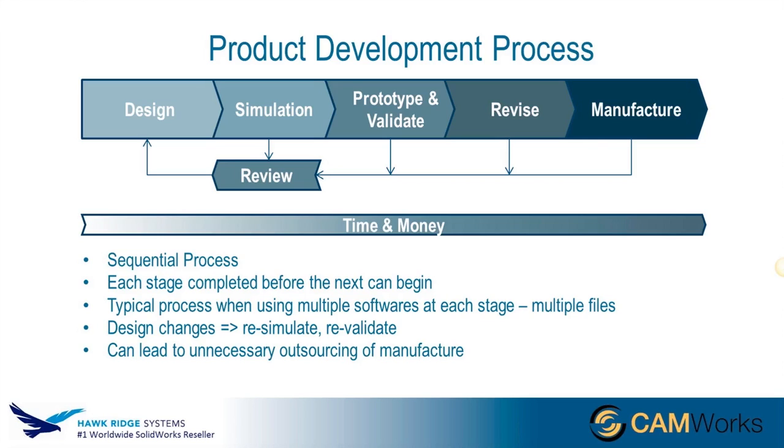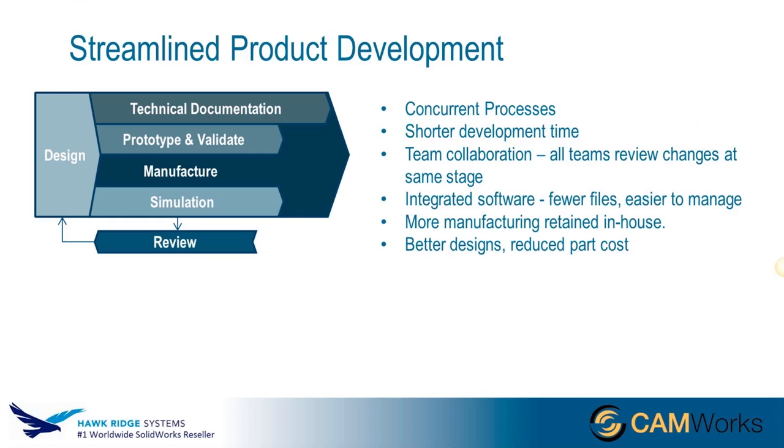So if the designers start designing something that can't be made, which I know happens, I would say, more than we would like, it often ends up being sent to an external manufacturer for outsourcing, because you couldn't produce it in-house. Whereas if you streamline the process, you have more communication between everyone.